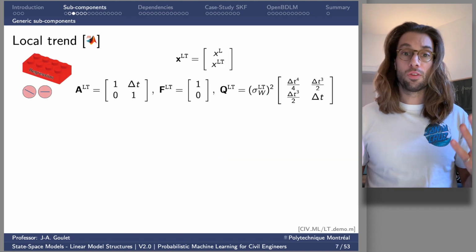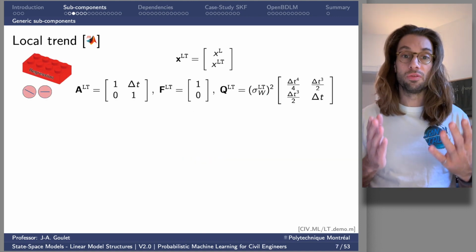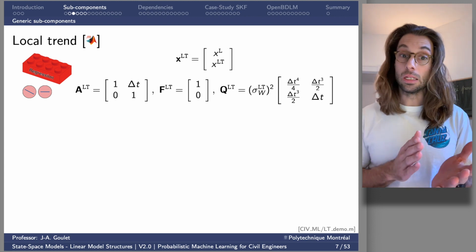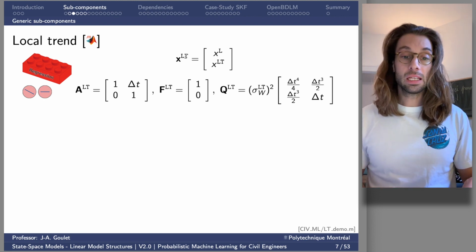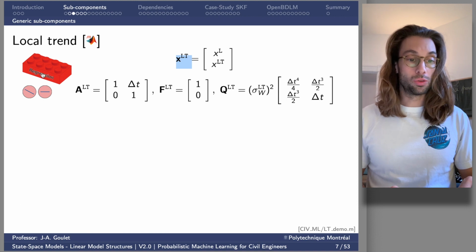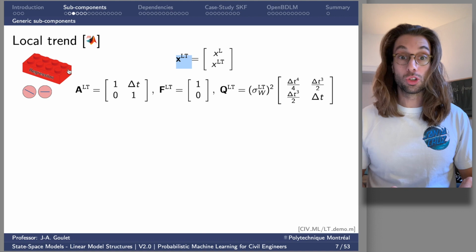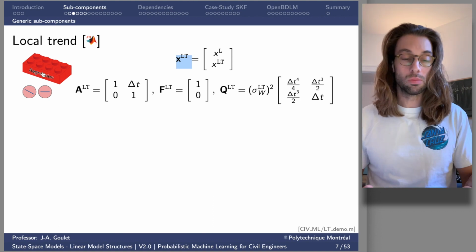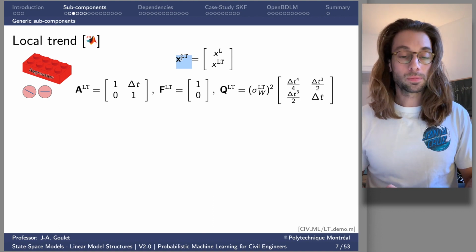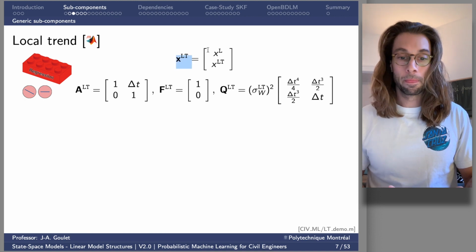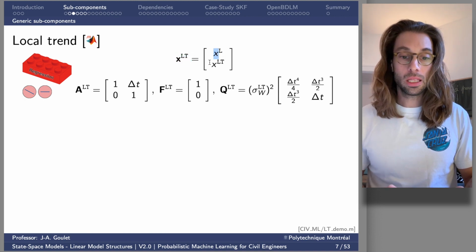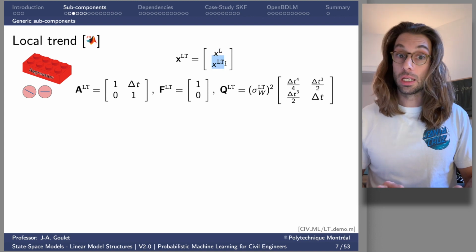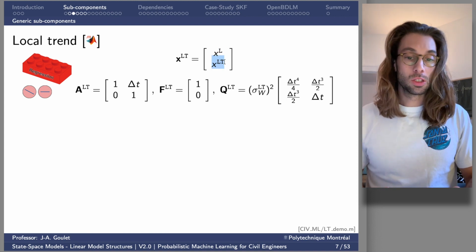The second block is for the dynamic that we know will evolve at constant speed. In that case, my vector of hidden states for the local trend, oh, here a little mistake. It shouldn't be the red block, it should be the local trend block, not the regression block. If we have a local trend, I'm going to have two hidden states, the level hidden state and the local trend hidden state.